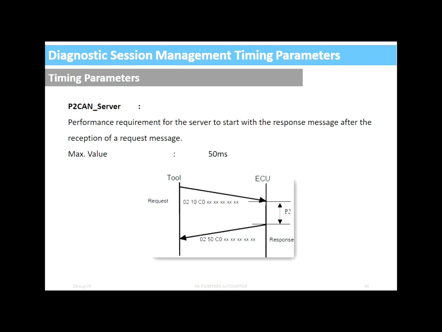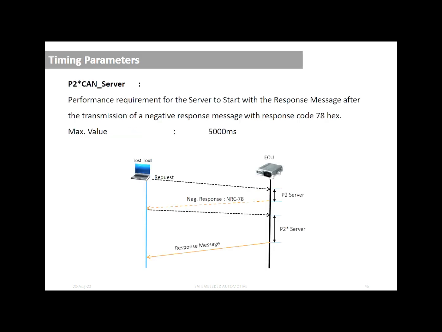So here we'll discuss the P2 and P2 star timer also. It is one of the important parameters. P2 server is a performance requirement for the server to start with the response message after reception of the request message. Some OEMs will specify the P2 and P2 star timer. Some it will be 50 milliseconds and P2 star timer will be up to 5000 milliseconds.